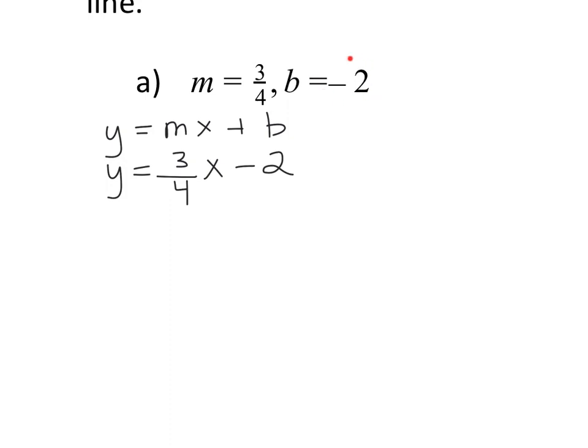So my y-intercept is negative 2. Now, because we're going to be graphing all three of these questions on the same Cartesian plane, I'm just going to try to color coordinate everything for you so you can visually see the difference at the end. So maybe we'll do this one in a red kind of color. So let's head over to the Cartesian plane and we'll take a look at how to graph.